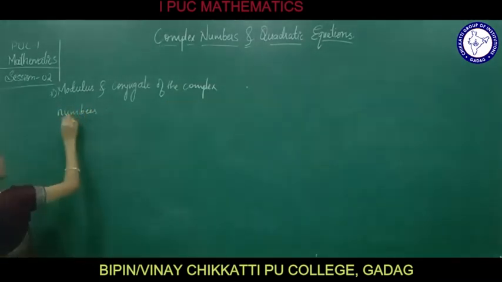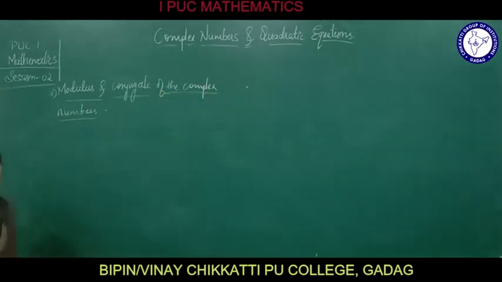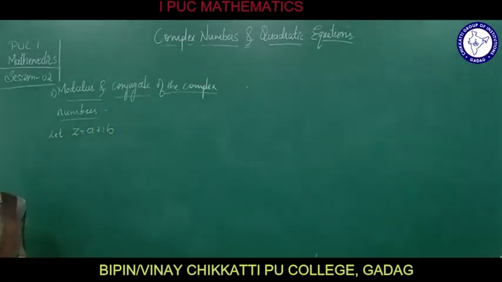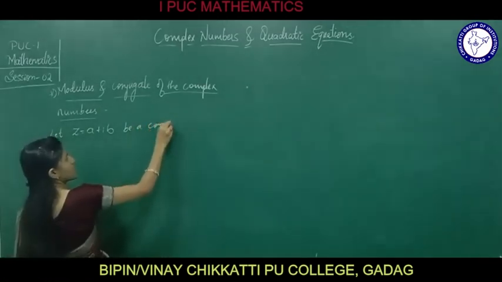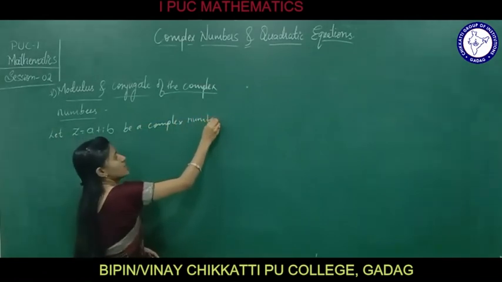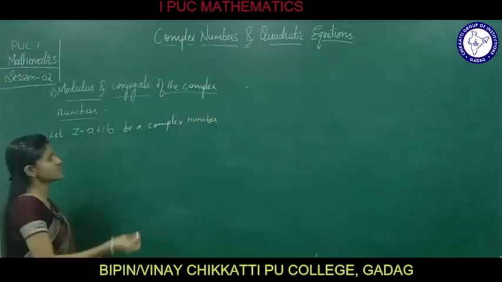Let us consider the complex number. Let z is equal to a plus ib be a complex number. Then the modulus of a complex number, how are we going to denote it?